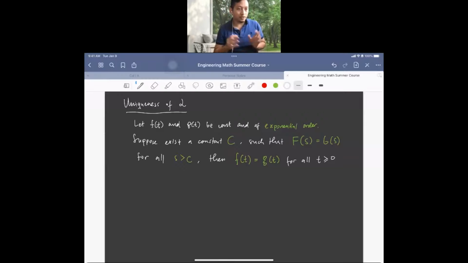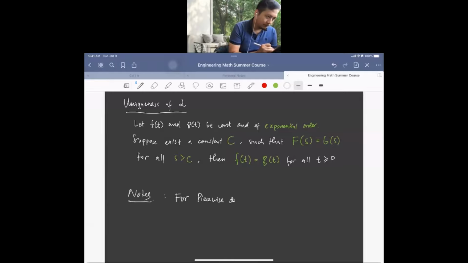So the existence and uniqueness, we can also see if they are piecewise continuous functions, we can also use this theorem of existence and uniqueness. Let me just write notes.